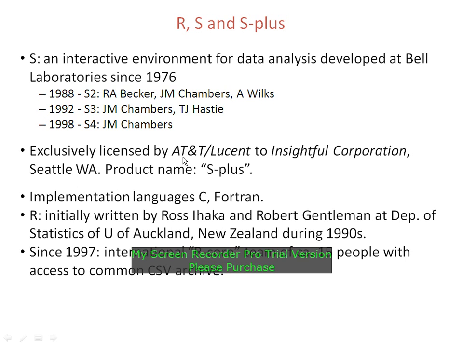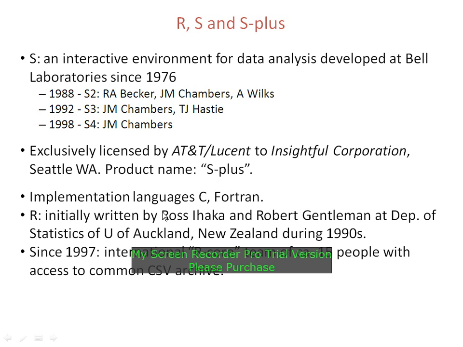It was exclusively licensed by AT&T Lucent to Insightful Corporation, with the product name S-Plus. So first, S was migrated into different versions, which is called S-Plus. This is the earlier version. S-Plus can be used as an implementation language for C and C++.